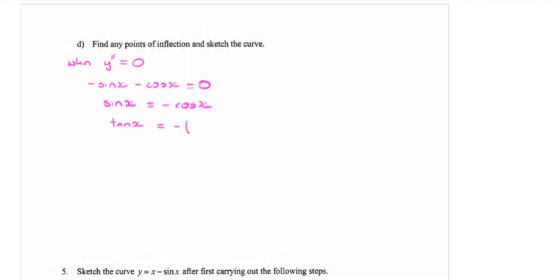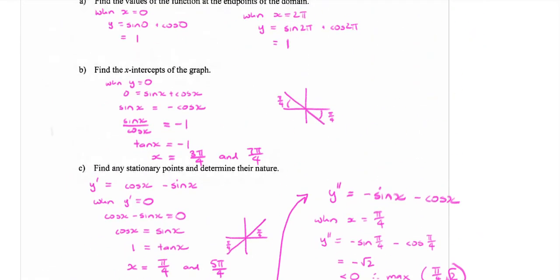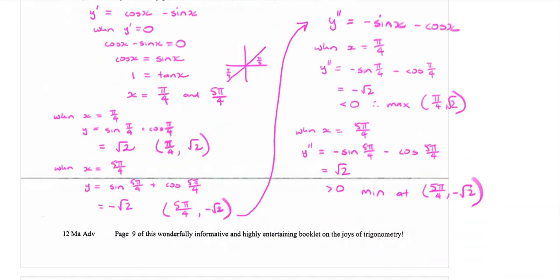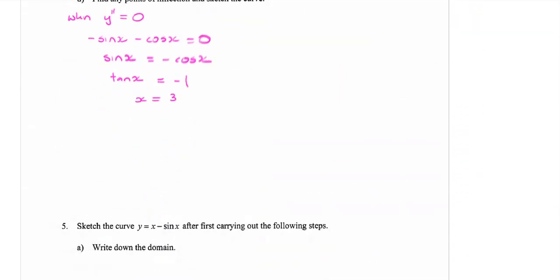So that equation looks familiar. We already know those solutions. They're the same ones as before. This is exactly what we did here. Tan x equals minus 1, so it's the exact same solution. I won't do it all over again, it's going to be 3 pi over 4 and 7 pi over 4.